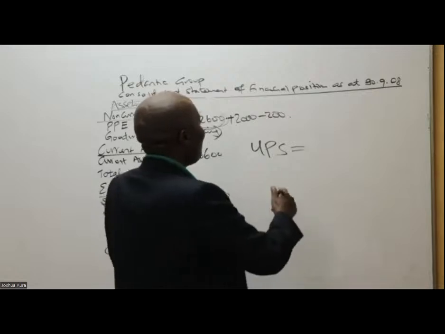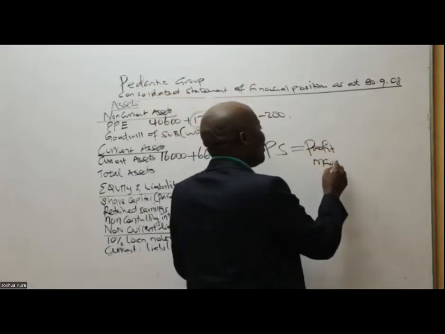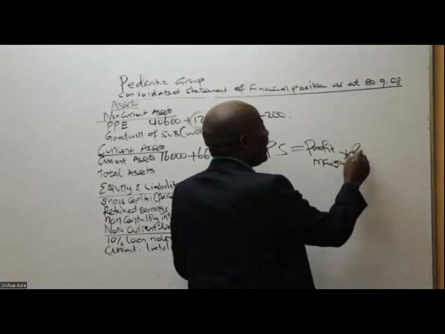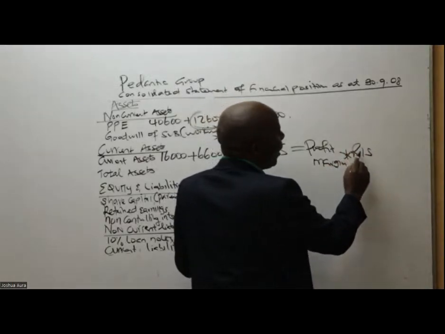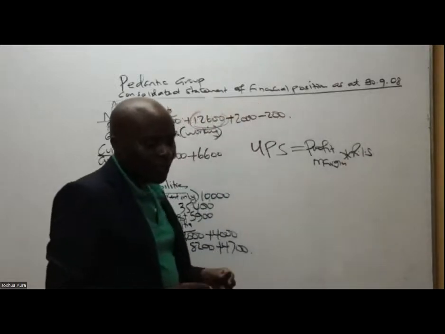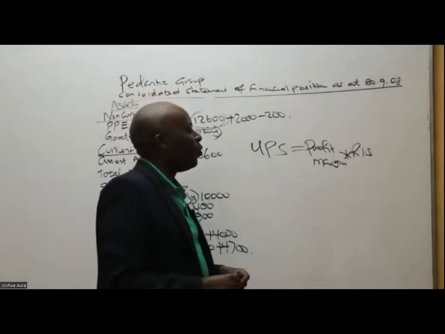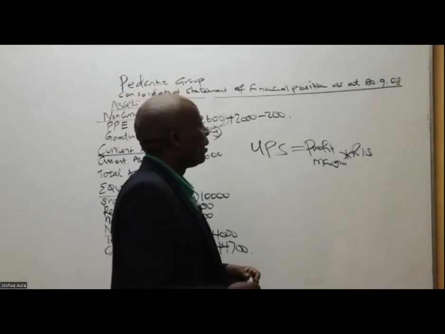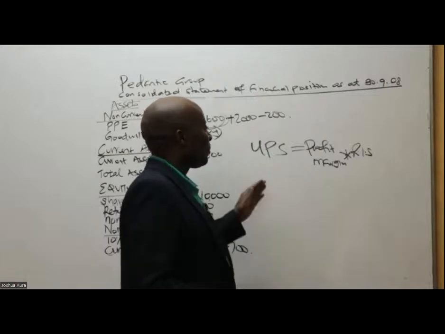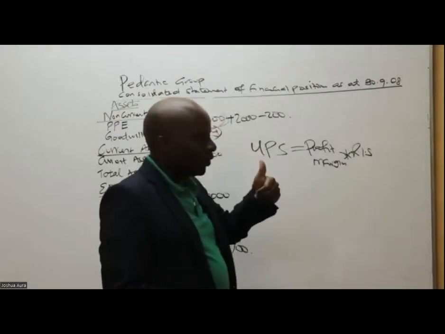Nimrod has said this is the profit margin. Profit margin times, in this case, REES, where REES is the remaining intra-sales. Please write that in full. UPS is the unrealized profit on stock. Annette, thank you very much.